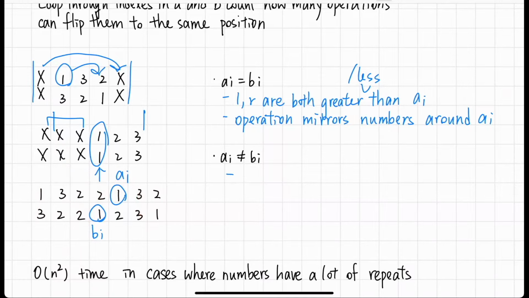So we find that the minimum distance from the right or from the left would be the limiting number of operations. In this case, the number of operations would be the minimum distance to the left or right.